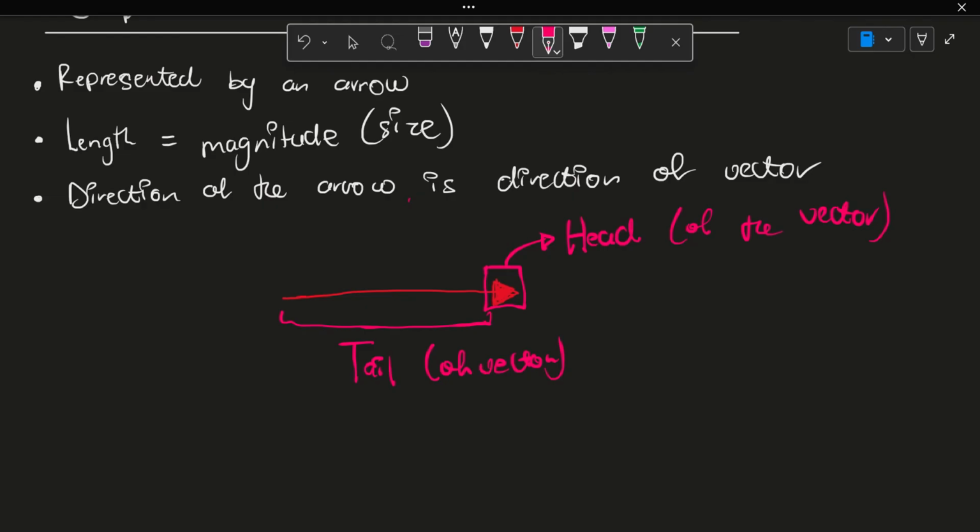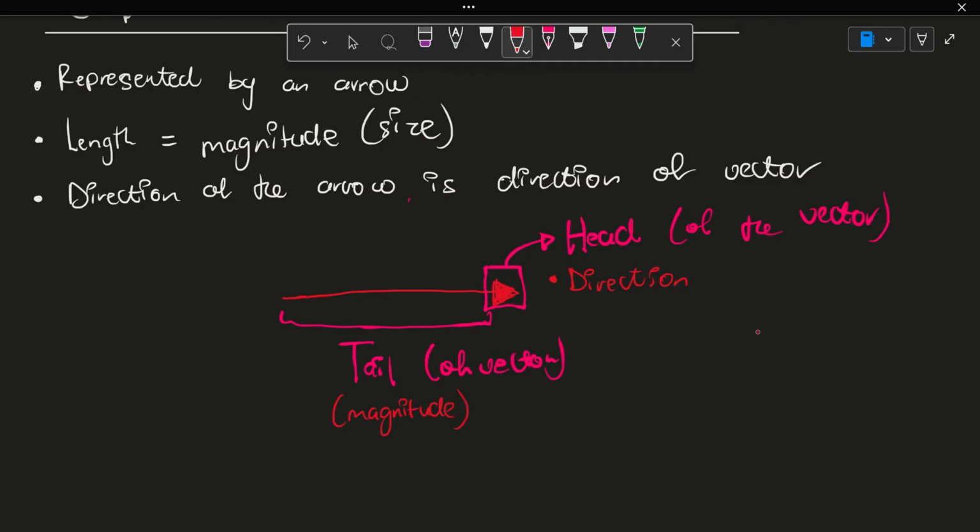It's just an arrow with a head. What you need to know is that the head gives us the direction of the vector, and the tail gives us the magnitude or size, but please stick to magnitude of the vector.